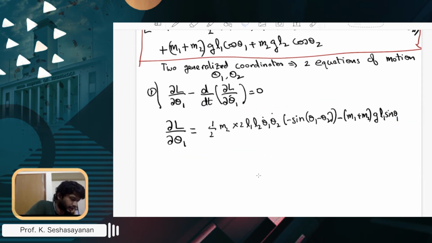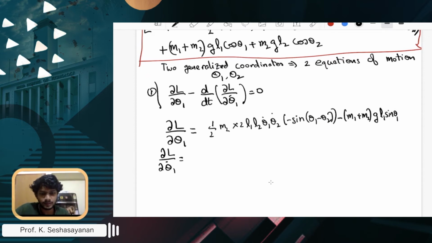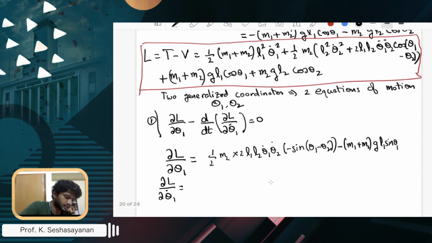Next up, we want to find what is partial L over partial theta 1 dot. So we'll follow the same procedure. We'll identify the terms which give us the contribution for partial L over partial theta 1 dot. So we have one contribution from here, one contribution from here, and that's it.